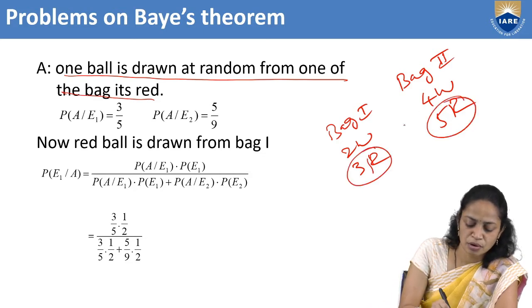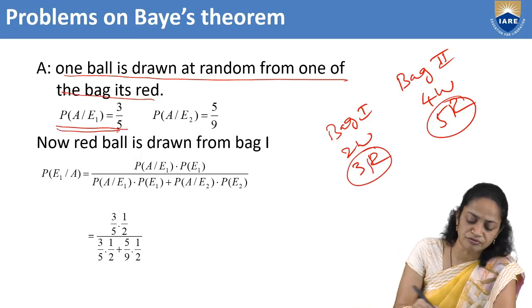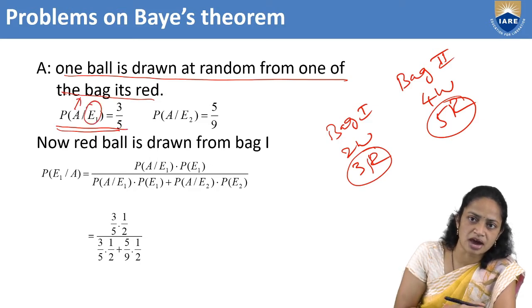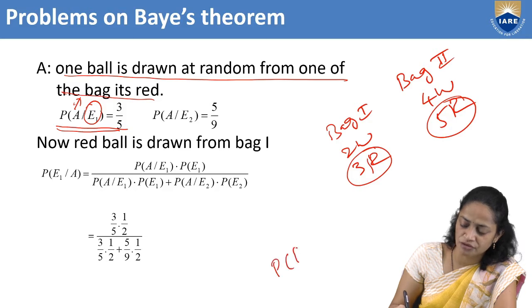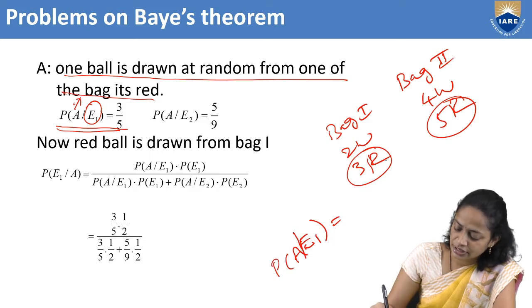So probability of A given E1: we have to choose a red ball from bag 1. Probability of A given E1 equal to, how many red balls are there in bag 1? Here we have only 3 red balls.